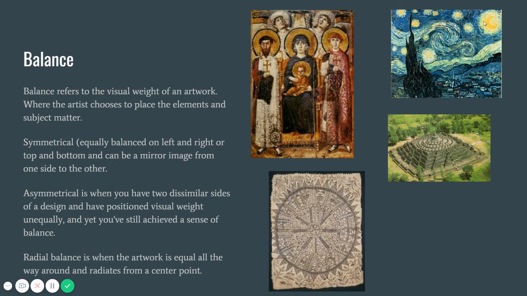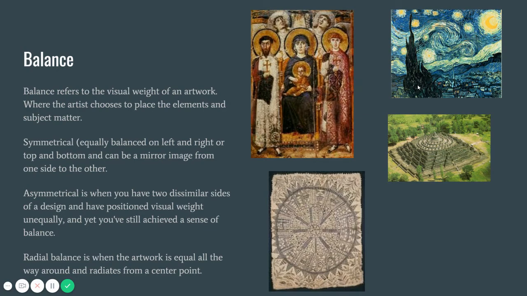Okay, so what he has done is taken a bunch of small things and something with a brighter color and used that to balance out this big, bold, black shape of a cypress tree. Okay, so it's asymmetrical, but yet it still brings balance to the overall visual weight.